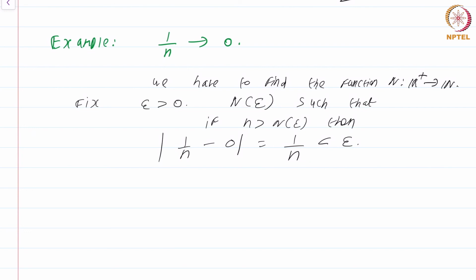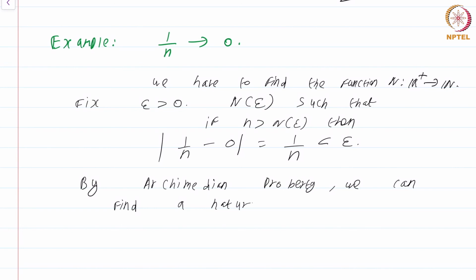Well, by the Archimedean property, we can find a natural number N epsilon such that N epsilon is greater than 1 by epsilon, right?